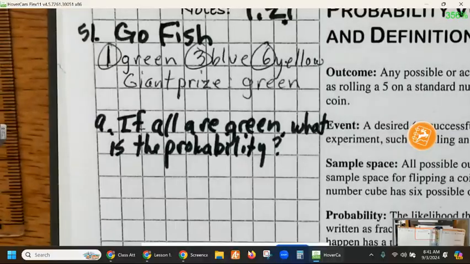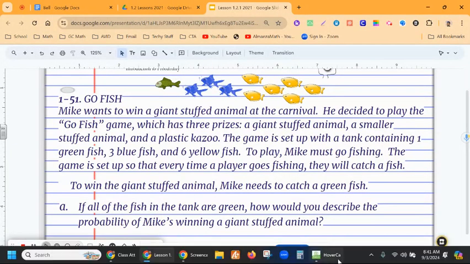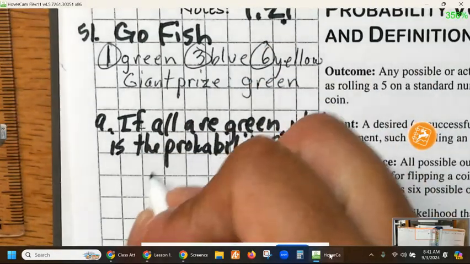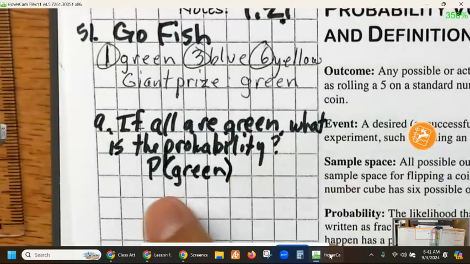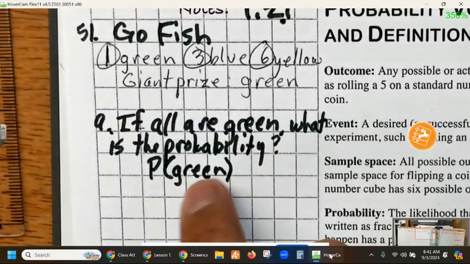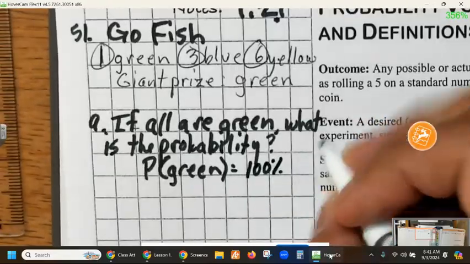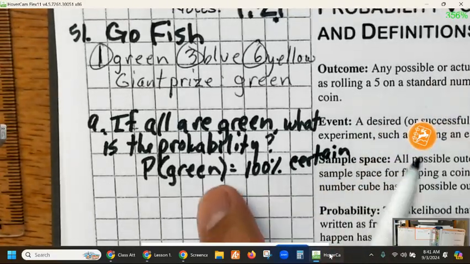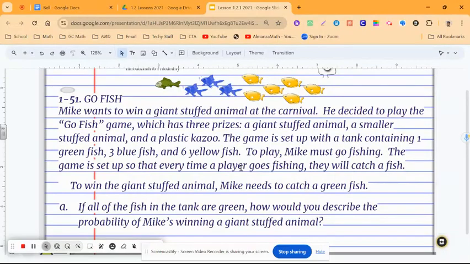Now if all of them were green, there'd be nothing but green to get, so he's pretty much certain to get green. And if we're talking about certainty, just remember the probability of green, we write it like this. P means probability, and then in parentheses is what we're looking for to happen. This is going to be 100% because it's certain. It's certain to happen that you're going to get a green fish if all of them were green. So that's that 1 that we saw in that number line.